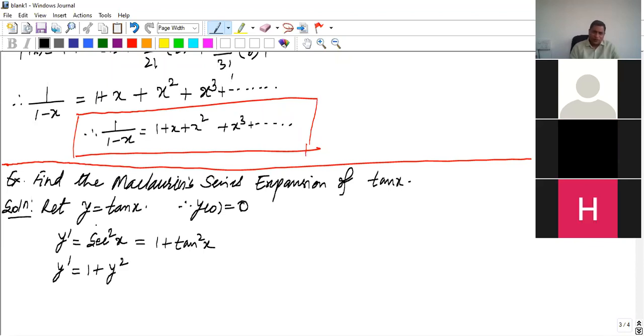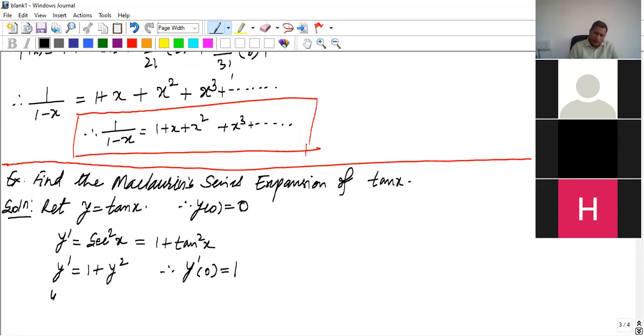We got y dash is equal to 1 plus y square. And now we are interested in the value of y dash at 0. So what is the value of y dash at 0? 1.